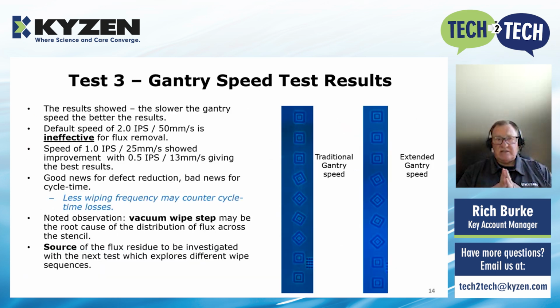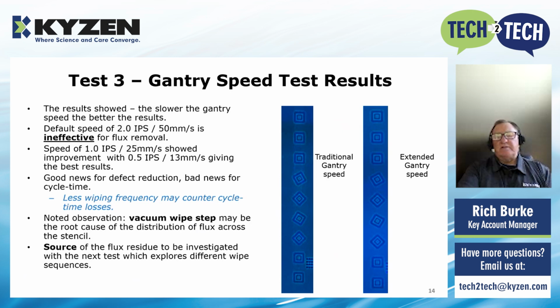The results of this test again clearly showed us that a slower gantry speed is beneficial in terms of the wet wipe process. So again, it kind of makes sense, right? We want to have enough material applied to have solvency of the paper, and then it's very important to give that solvent exposure time adequately, such that the solvent is able to solubilize the flux residue and help it to be removed from the process.